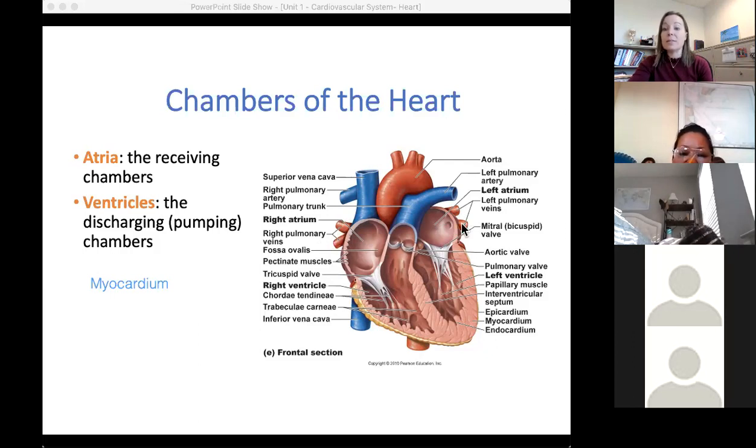So these and these are the 2 sets of pulmonary veins. All of them are carrying oxygenated blood into the left atrium. So just note what you can write beside the pulmonary veins is that they carry oxygenated blood coming from the lungs.